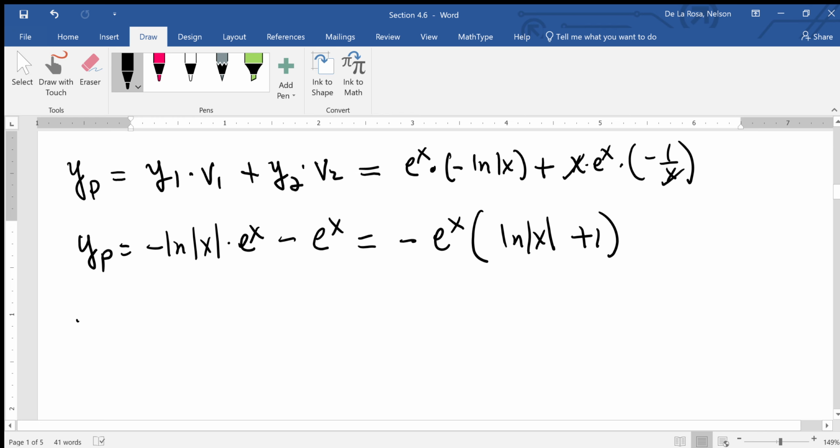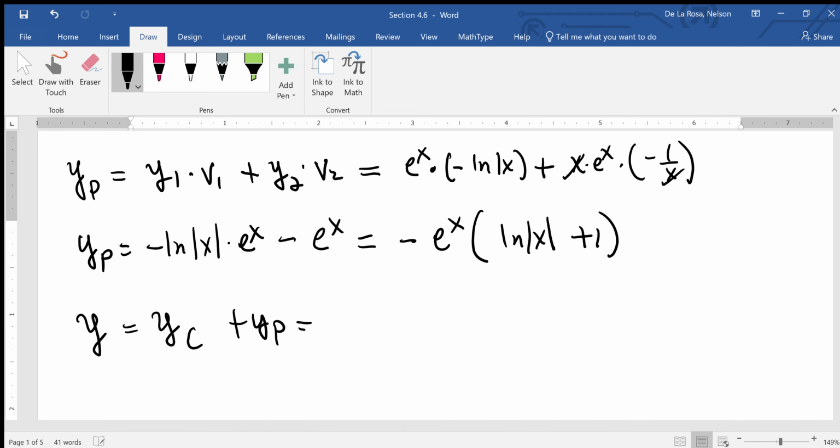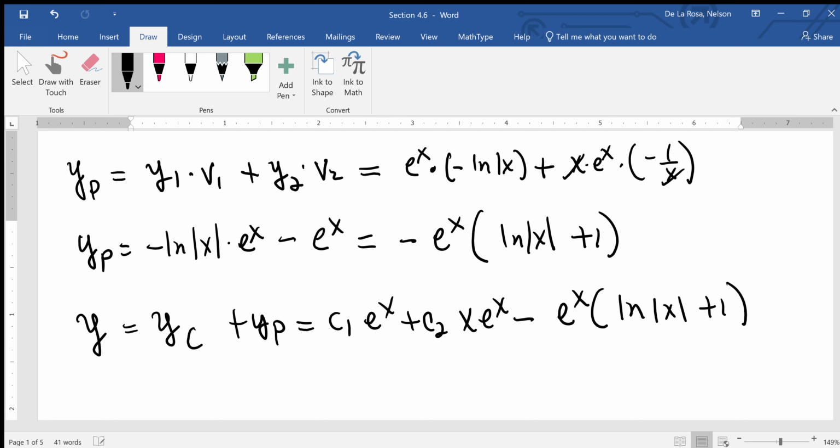So the general solution, which is yc plus yp, is going to be c1 e to the x plus c2 x e to the x minus e to the x times ln of absolute value of x plus 1. And this concludes the problem.